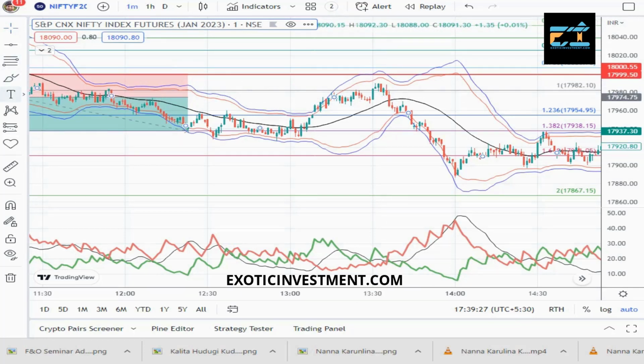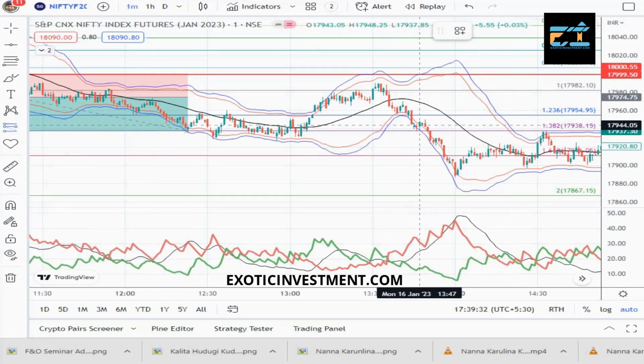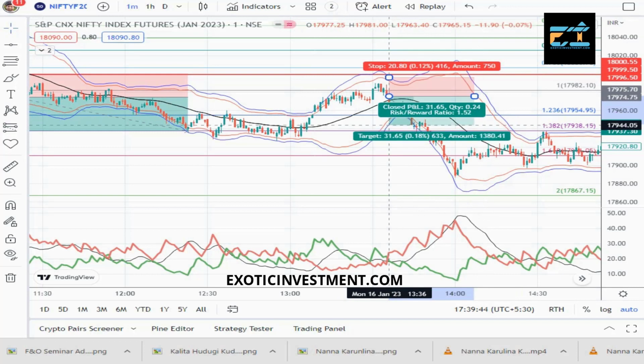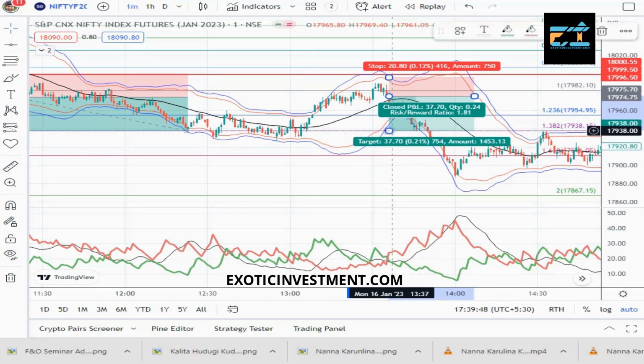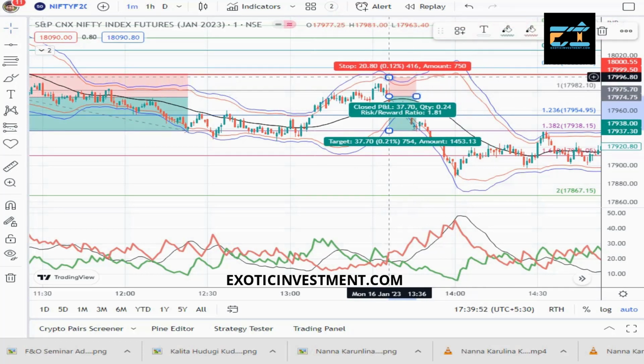If we had taken this particular trade on the short position, this is closing lower and the second is opening lower. This is the place where we would have taken the trade, and the trade would have gone up to the 1.382 level, here at this level.